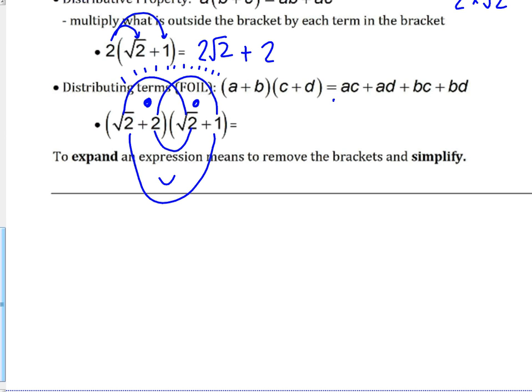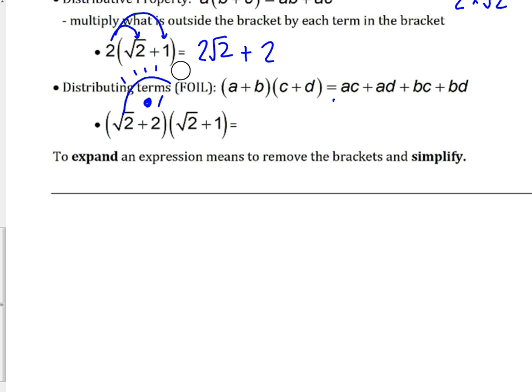Give him glasses. Is that better? I don't know.